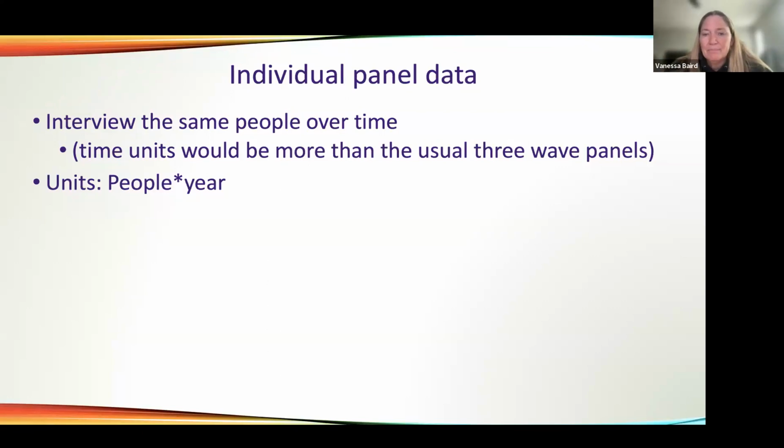So you've got people over time where you've got more than the 3 waves that sometimes surveys will do, 3 waves where they interview the same people at 3 different time periods. To run a multi-level model, they have what they call a 30-30 rule of thumb, that your nested units or more aggregated units should be about 30.